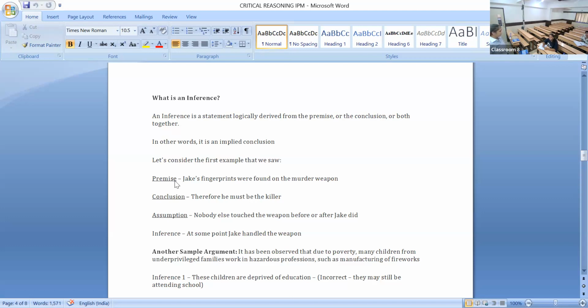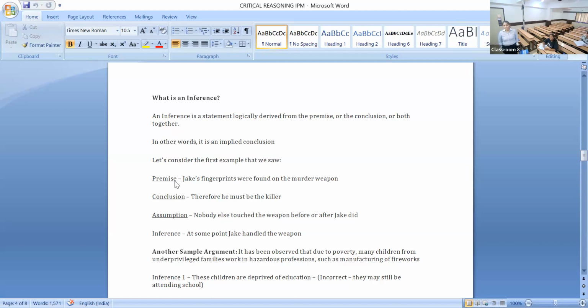Conclusion is something that comes with the paragraph, and inference is something before, right? Premise, yes. Are we clear? Sneha, give me a short form for premise. Premise is a fact.